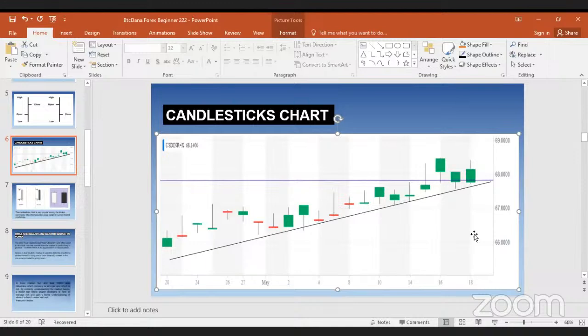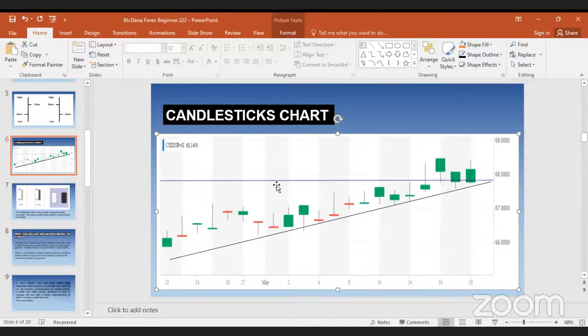The reason I'm repeating this is that in our evening class, I'm going to introduce you to the chart pattern itself, how it looks and how technical analysis is done on it. What I'm showing you right now is just an example of what we are going to be doing in the evening class.